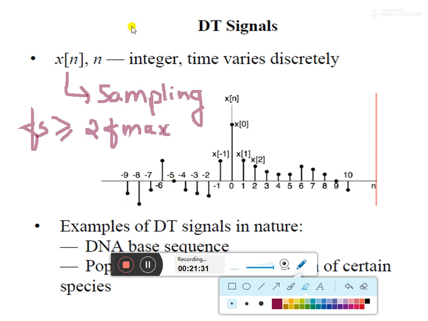signal. Okay, so the mere replacement is this: we know that we have the signal x of t. In this x of t, if I replace the variable t with n into T, this generates a discrete time signal which is nothing but x of n.